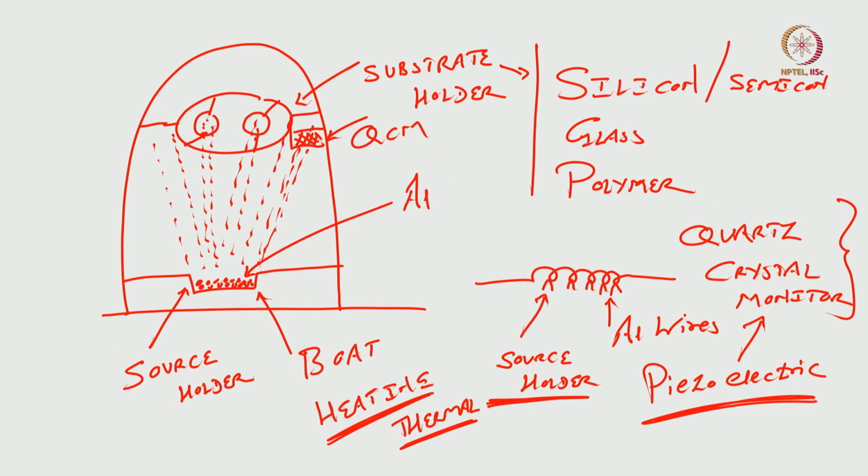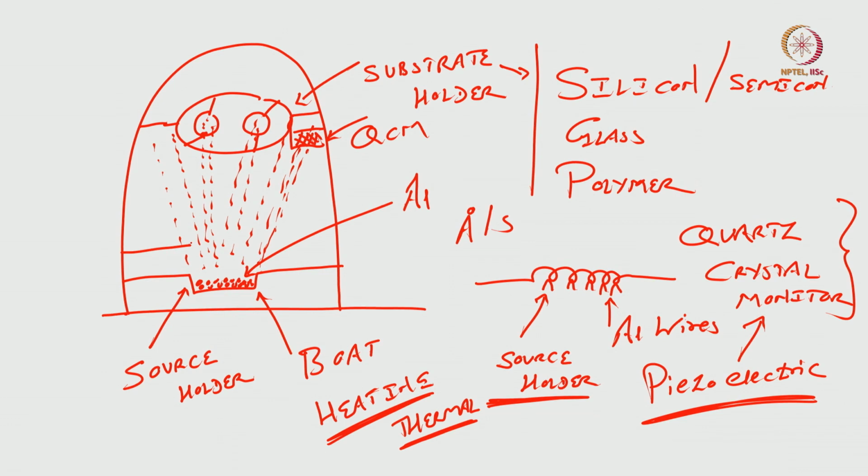Generally it is in angstrom per second, 10 angstrom or 50 angstrom or 100 angstrom, depending on how fast you want to evaporate this material.